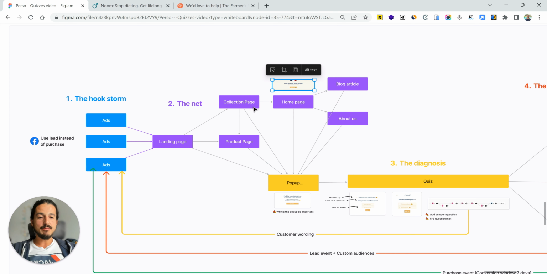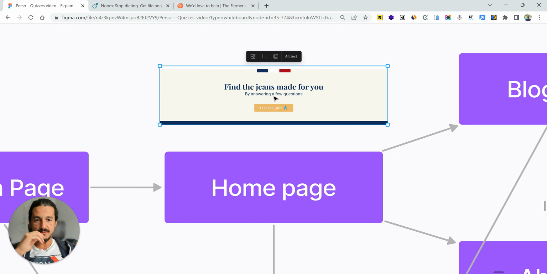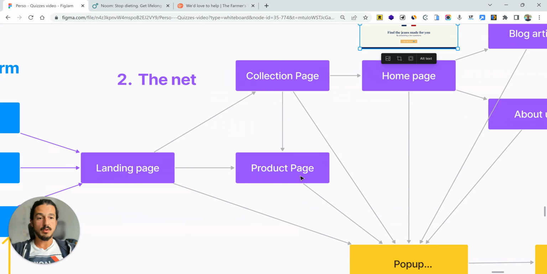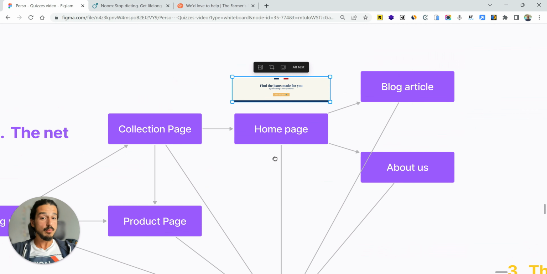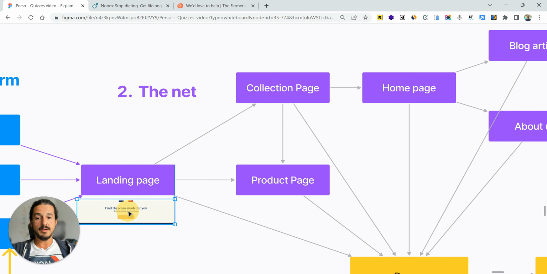But everywhere in the website, you can find, sorry for the translation, it's a French website, so it was just Google translated, a call to action. The call to action will be different depending on where it is located, right? So you will have one here on the landing page. They will discover the products, then they will see that one of the main calls to action of the landing page is to take the quiz.